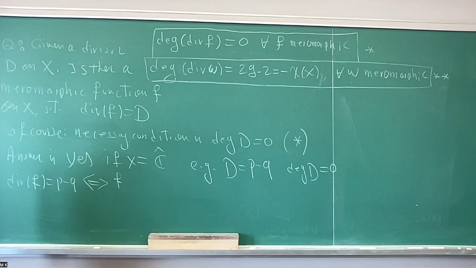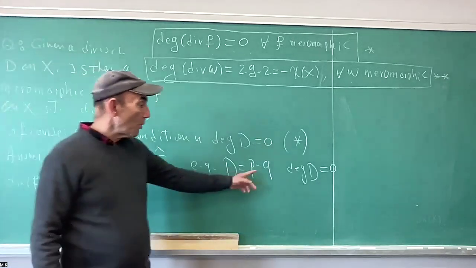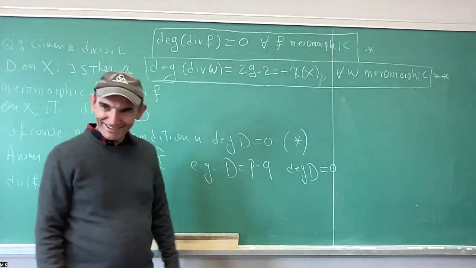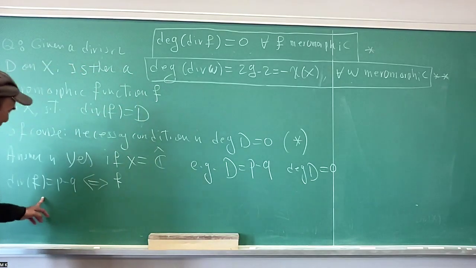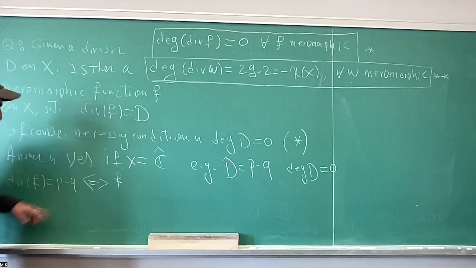And the degree of the divisor is 1 minus 1, which is 0.